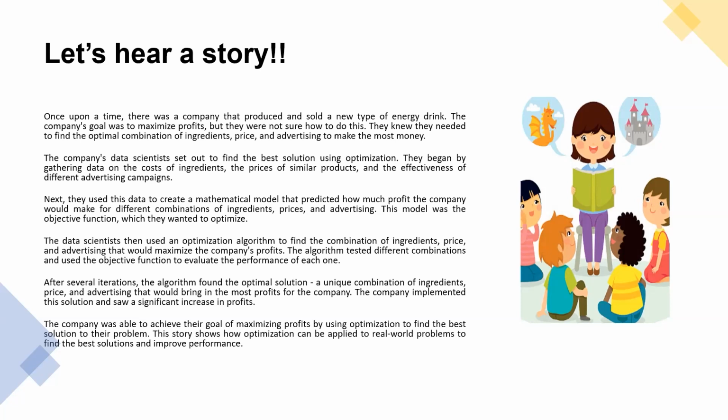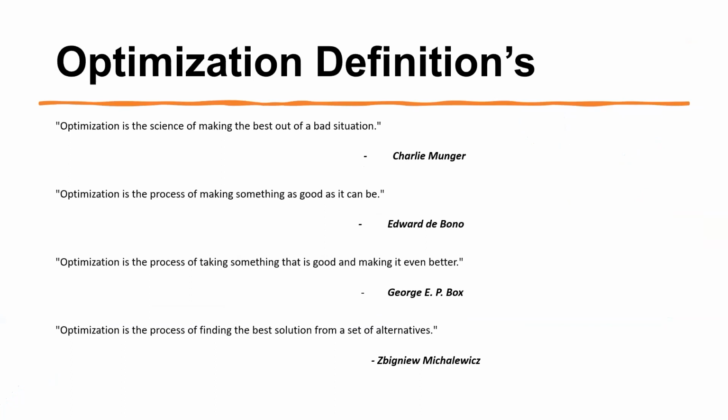So here I have top picks on definitions of optimization. These were some of my favorites, which I found very catchy. Optimization is the science of making the best out of a bad situation. Definitely. Optimization is a process of making something as good as it can be, by Edward de Bono.